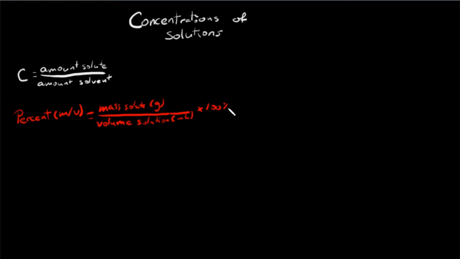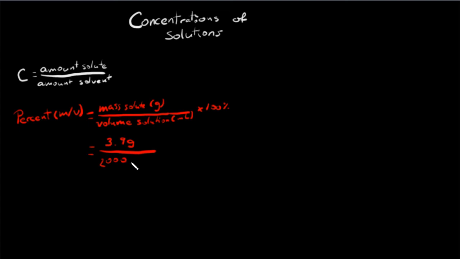An example of percent mass volume would be something like dissolving a pack of Kool-Aid into a container of water. Say you had 3.9 grams of Kool-Aid. It's a powder, it comes in a package, it's a crystal, so it's a solid. You can weigh it in grams. And let's say you have a relatively large jug of water, something like 2 liters.